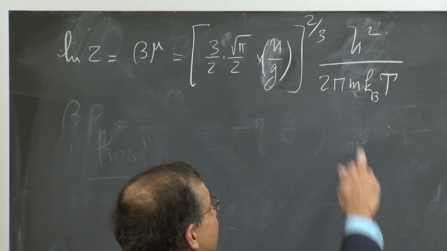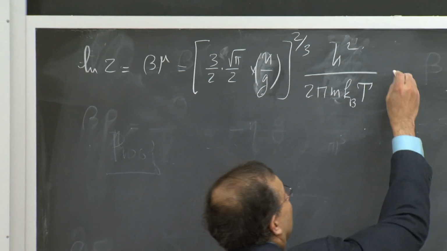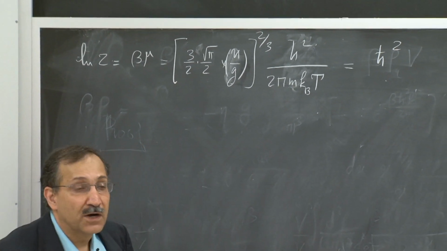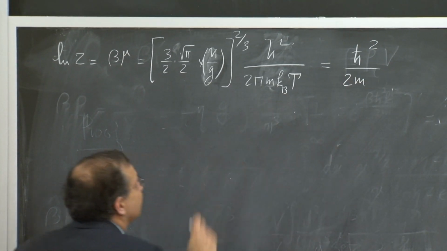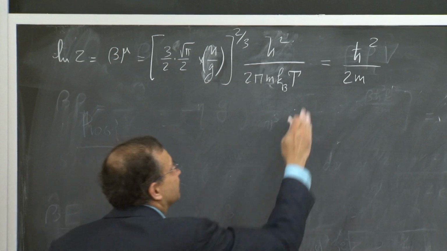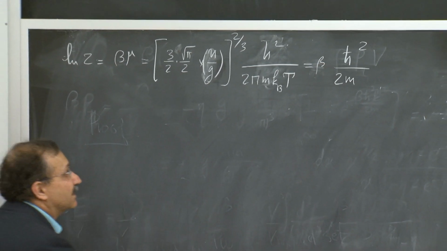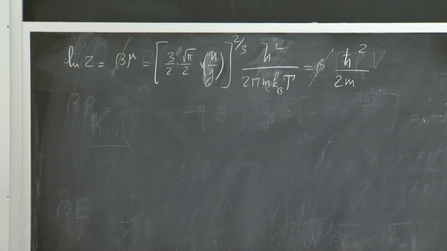What I'm going to do is notice that one of these h over 2 pi's is in fact already an h bar. I'd like to write the result in terms of h bar squared divided by 2m. The 1 over kT I can write as beta. Ultimately, it is my intention to cancel that beta, which is the 1 over kT, with the beta that I have out here, and get a value for mu.